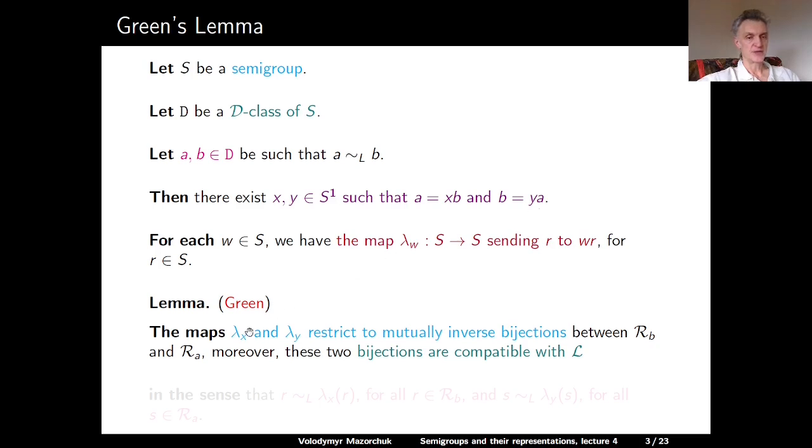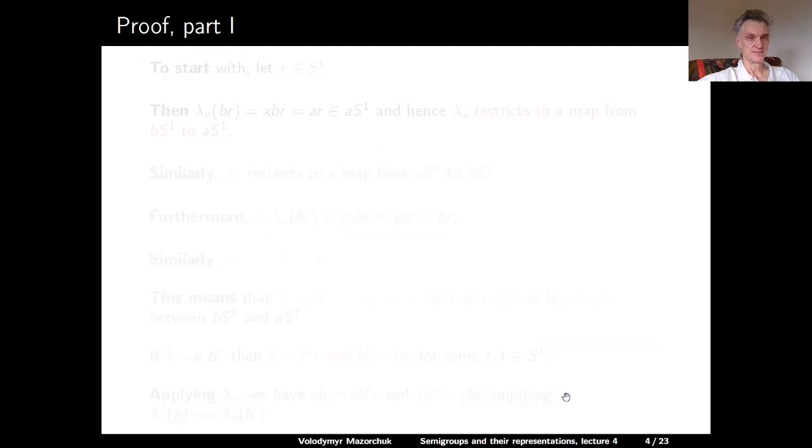In this setup, the maps lambda X and lambda Y restrict to mutually inverse bijections between the right class of the element B and the right class of the element A. Moreover, these two bijections are compatible with the left relation in the sense that for any element R from the right class of B, R is left equivalent to lambda X of R, and similarly for any element S in the right class of A, S is left equivalent with lambda Y of S.